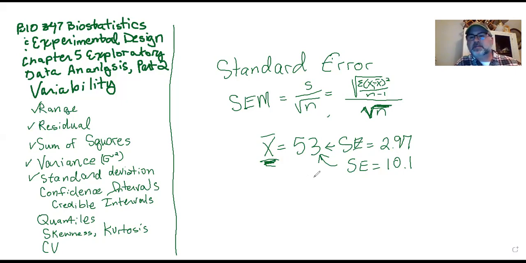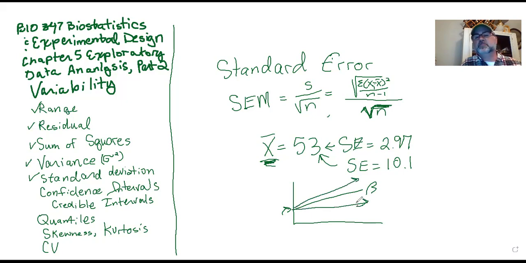So that's the mean. For example, if you have a line, you're going to have an intercept, and a standard error of your measure of the intercept. You're going to have a slope, and a standard error associated with the slope, because you want to know, is your relationship really like this, or is it like this, in which case this is not the best measurement, right?